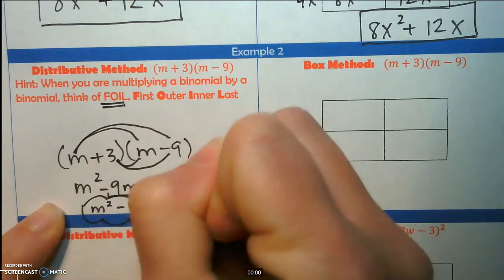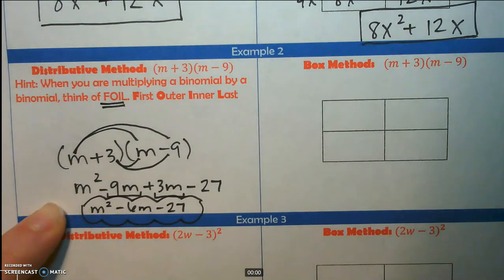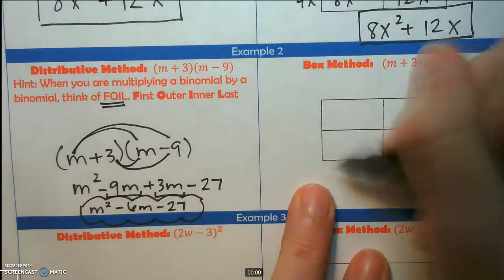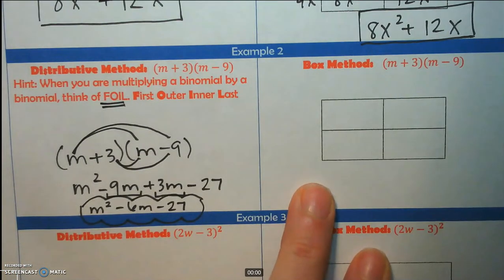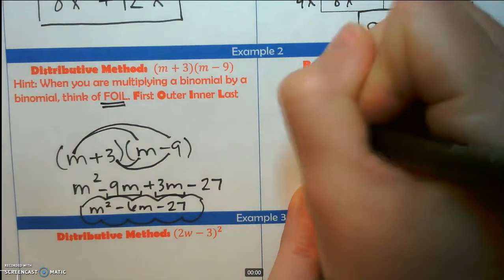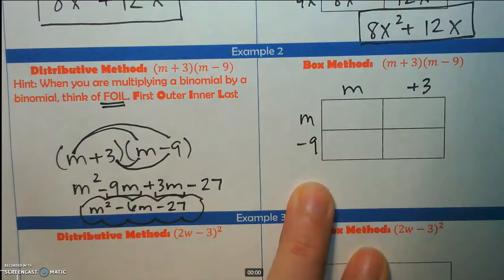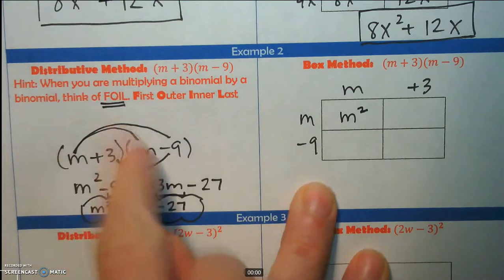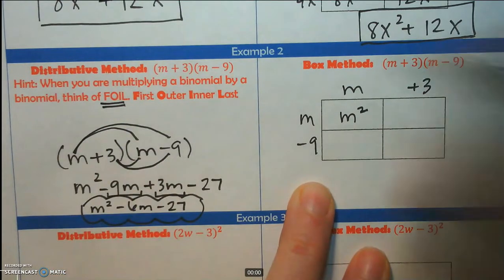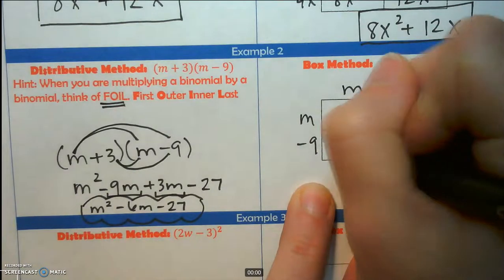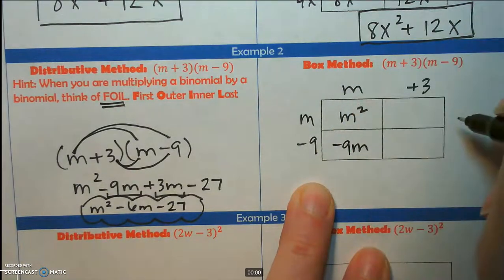We could have also come to this conclusion with the box method. Since it's a binomial times a binomial, you could put either binomial on either side. I have an m and a positive 3 for one of them, and an m and a negative 9 for the other one. M times m is m squared. That's going to represent the first. Then we have m times our negative 9, so negative 9m.